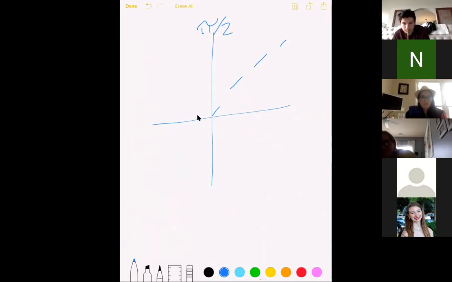So basically what you're doing is, what is the cosine of pi over 2? This would be 0, 1.